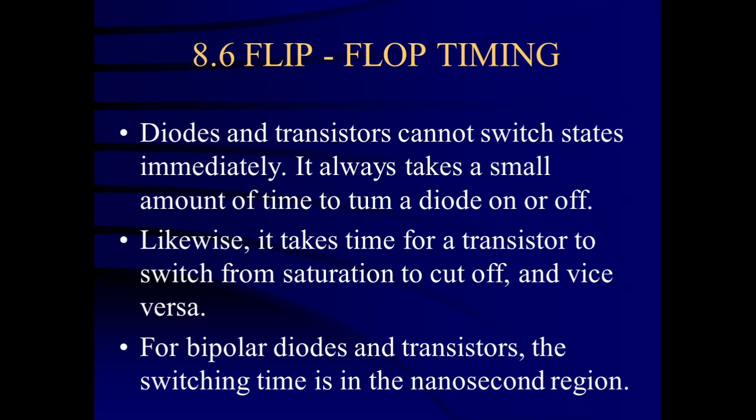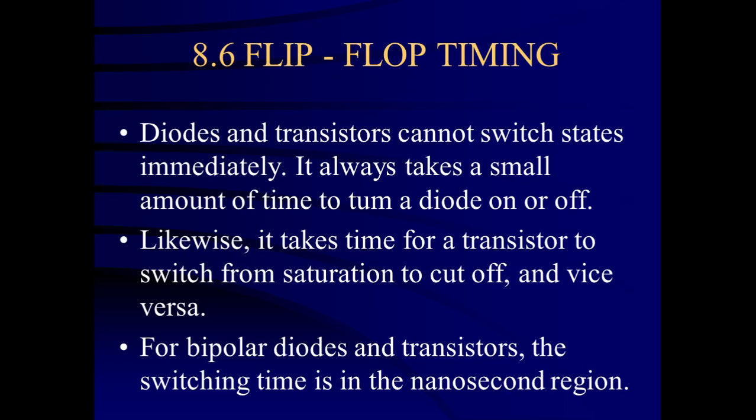That means the electrons can flow from N-type material to the P-type material, and the conventional current is established from P-type material to the N-type material. And this current is set up after a certain minimum cut-in voltage. So the diode takes time to change from on to off or off to on.